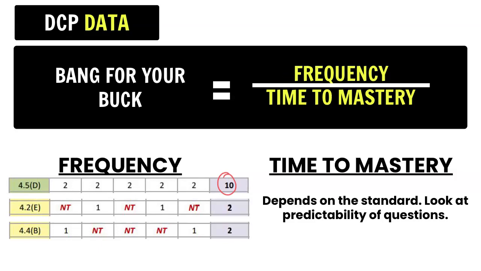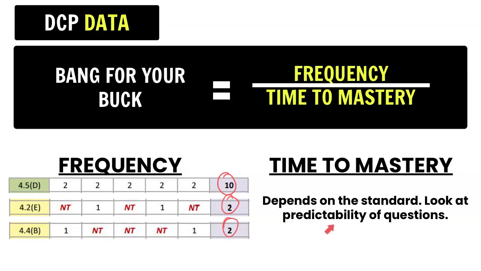However, the two supporting standards, 2E and 4B, have only been tested twice in the last 5 years, and so they do not have a very high frequency when it comes to the STAR test. It doesn't mean that we just throw out the supporting standards and never come back and revisit them, because sometimes those supporting standards have a low time to mastery, which means it would be worth our time to review and spiral and reteach those particular standards.